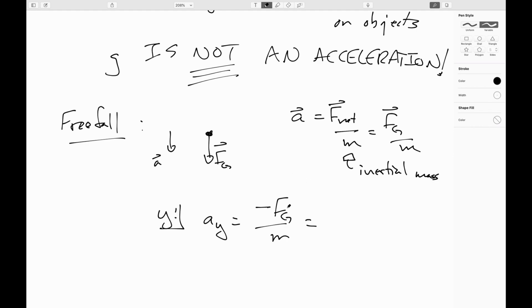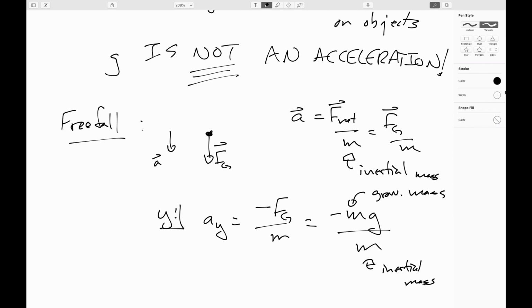And then we can put in what our model of gravity says it's equal to. That's minus mg. But now here we need to be careful. This m is the gravitational mass. And this m here is the inertial mass.